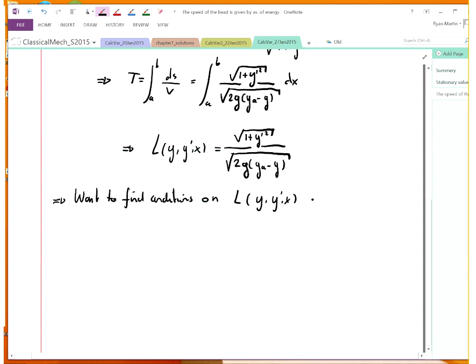We want to find conditions on L such that the integral given by I, the integral from a to b of L, which depends on y prime and x, dx, is stationary. And we'll go back and solve the Brachistochrone problem as either an assignment problem or a tutorial question on Thursday.